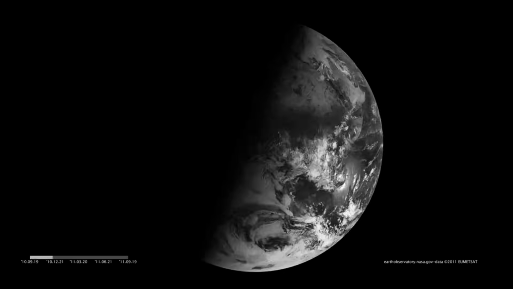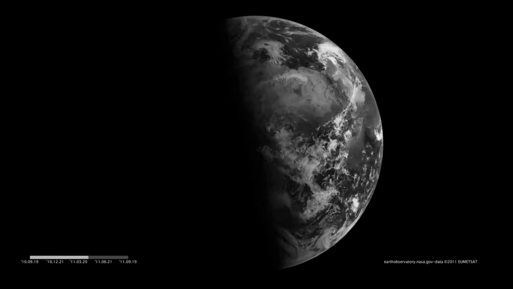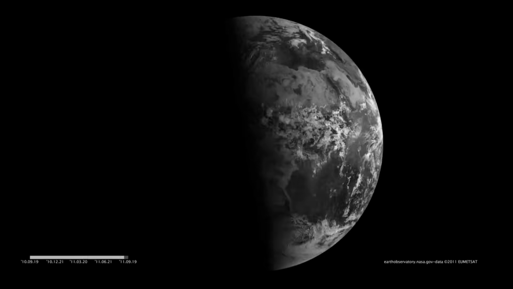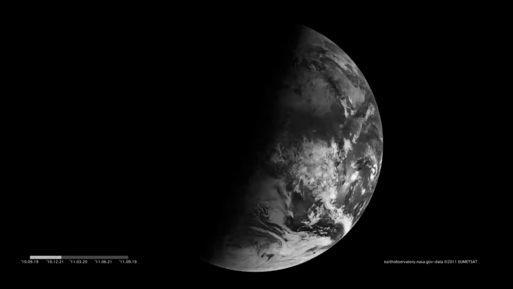But either way, the solstice is very close, and that will mean shorter days in the northern hemisphere as we're in our winter, and longer days for the southern hemisphere in their summertime.